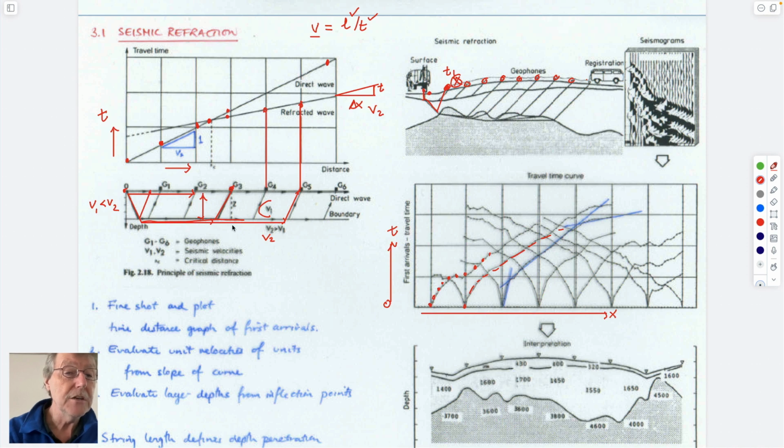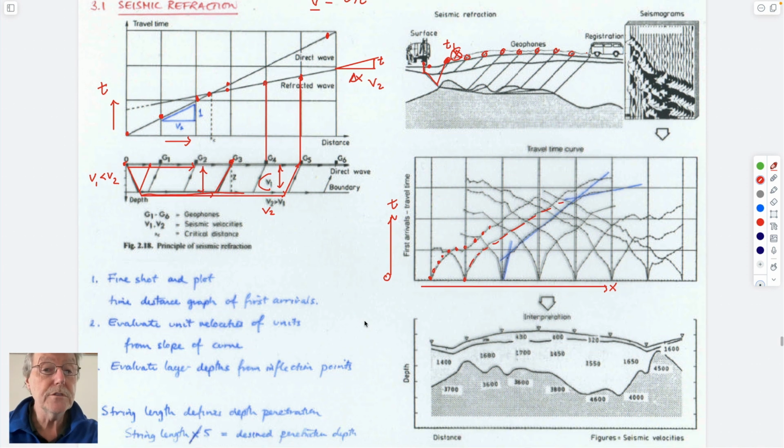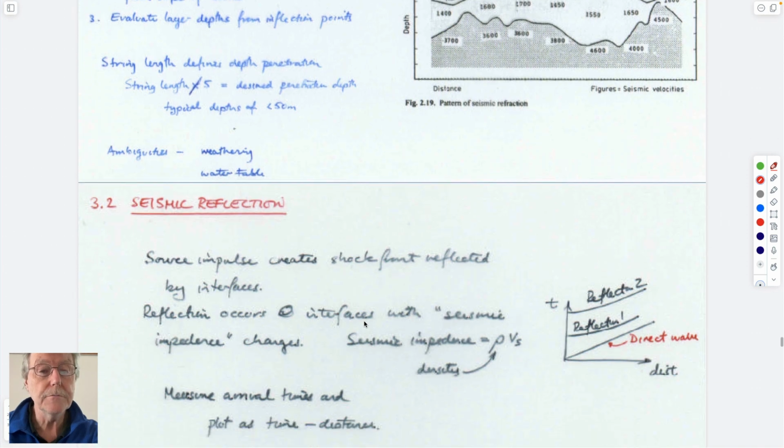The reason refraction used to be used in environmental geophysics is that these layers are not very thick, maybe a few meters, 10 meters. And so you needed to measure the arrivals at very fine resolution to be able to resolve the fast incoming velocities. With instrumentation now, that's not such a big deal. And so seismic refraction is used, but also seismic reflection is used.